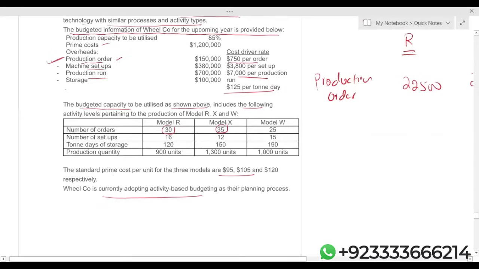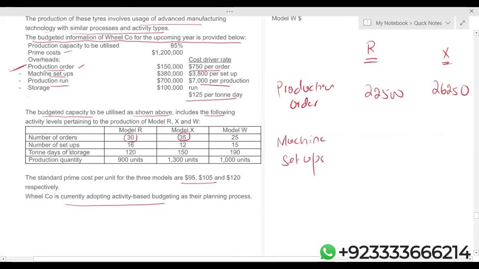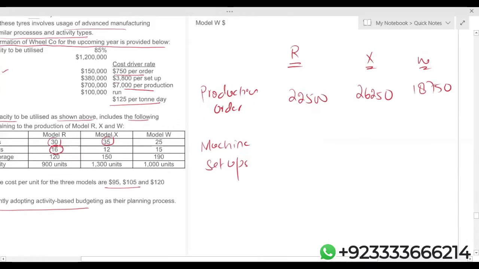Now machine setups. Number of setups for R is 16. Per setup it is 3,800. So 3,800 into 16. I'm getting 60,800.